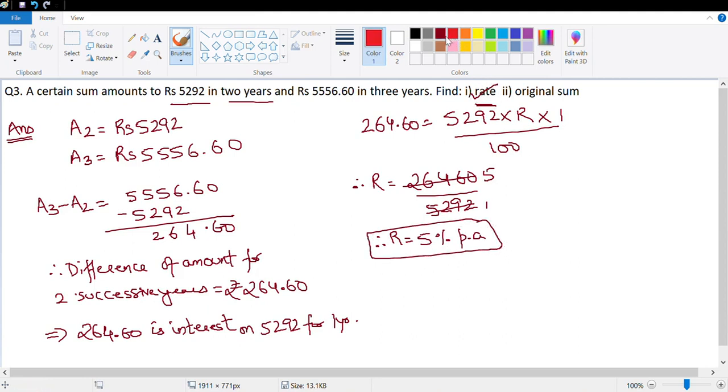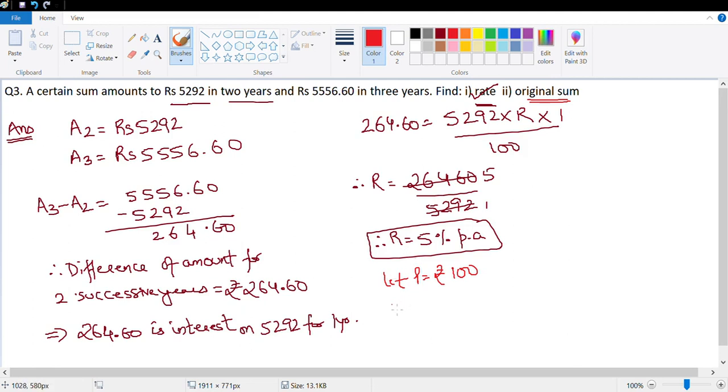We need to calculate the second part of the question, which is find the original sum. So we can use many methods. Let's use the method which we had used earlier, which is let principal is equal to rupees 100, right? Or we could use the formula, which is A is equal to P times 1 plus R upon 100 to the power N. Let's use the formula which we'd used in the previous exercise.